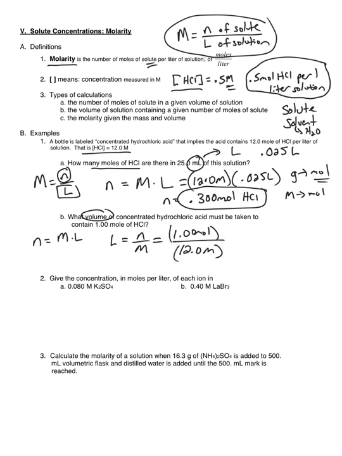Whenever you divide the moles by the molarity, that gives you the volume in liters. So the volume would be 0.0833 liters, or 83.3 milliliters, depending upon what they want. If they didn't specify, the liters answer would be perfectly fine.